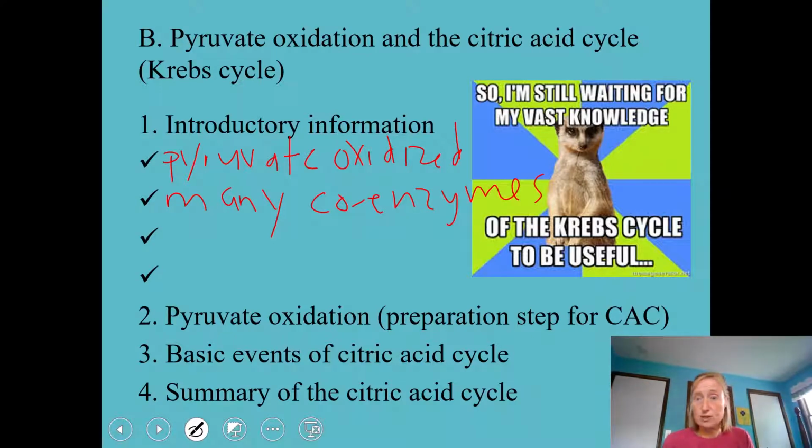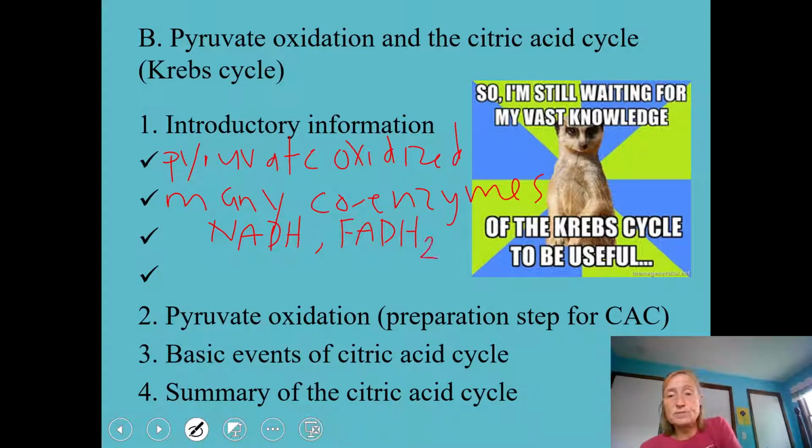In parentheses, I want you to write NADH and another molecule called FADH2. So lots of NADH molecules made, and another electron shuttler called FADH2. Okay? These molecules are later going to be used to make ATP, but not in this part of the process.